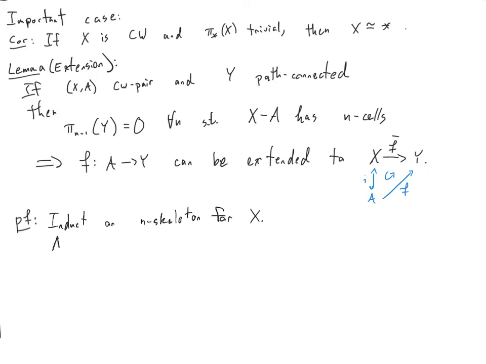So let's assume that we can extend for X^(n-1). And then we want to make sure we can do it for all of the n cells. So if En is in A, we're done.